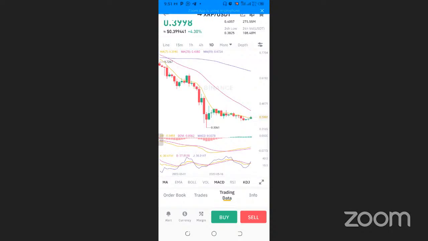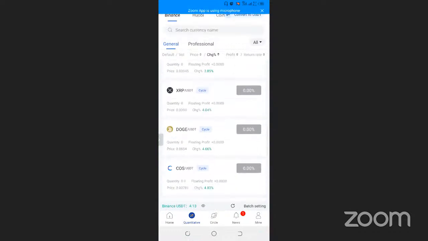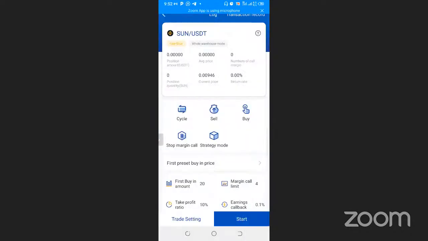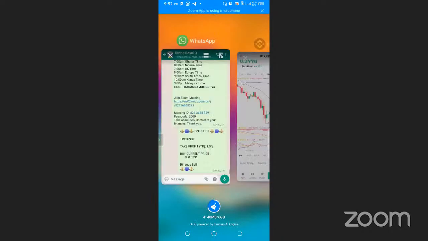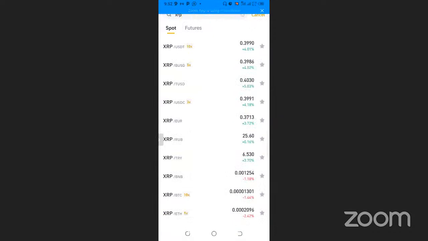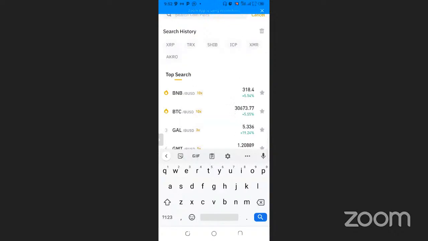We are also taking XRP, but before then, let me check SUN. If you already started trading the TRX, you can see we are on profit already.